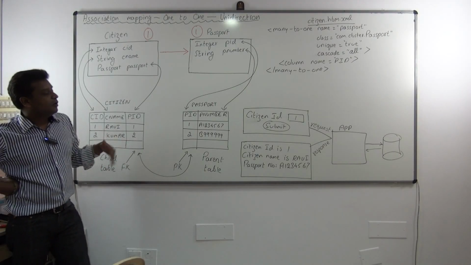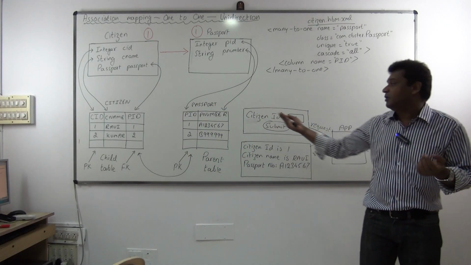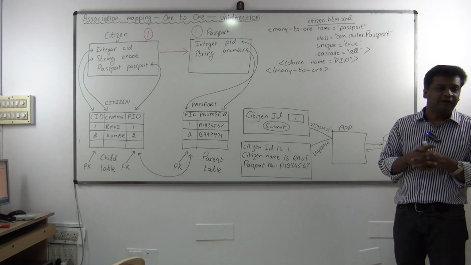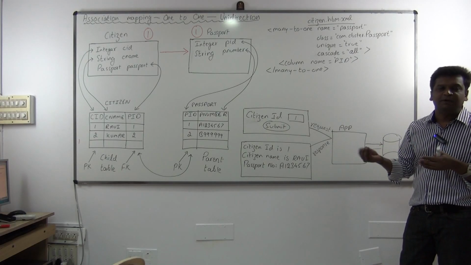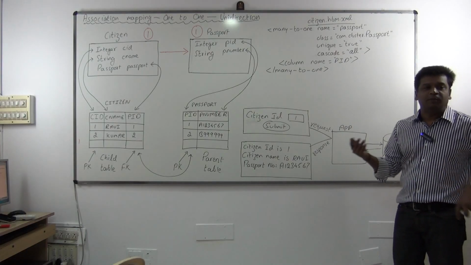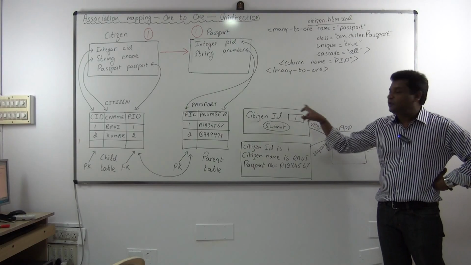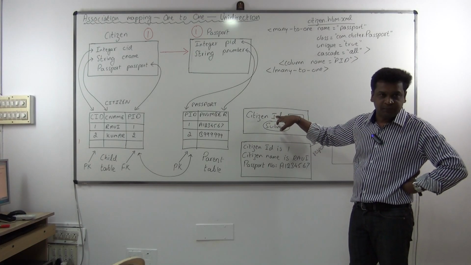Next, we understood how the tables have been designed. Now let's see how you fetch the data from these two tables. I'll give one scenario in a simple project. Assume this is your UI, and the screen says: enter the citizen ID.